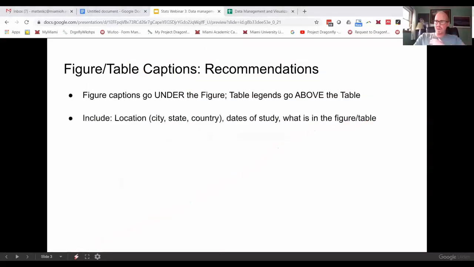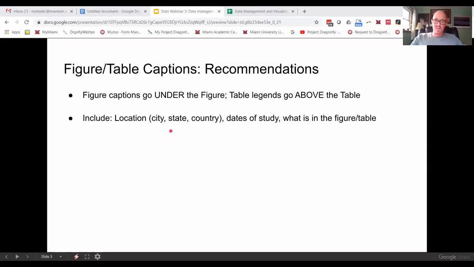Also, in my Biology Through Inquiry class, if anyone's on from that course, they know I'm a stickler for these sorts of things with figure and table captions. Do include the location of the study. Don't just say, here's a pre and post test of 5th grade students. Give the location.